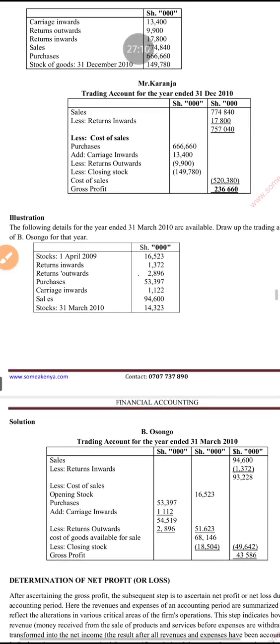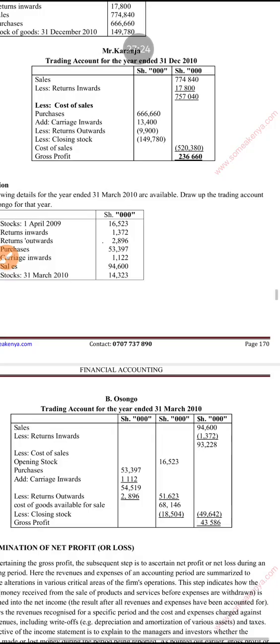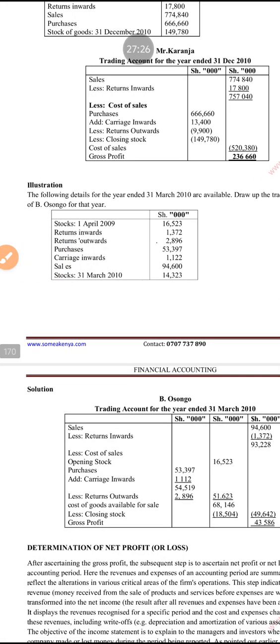So we still have another illustration. The following details for the year ended 1st March 2010 are available. Draw up the trading account of B. Osongo for that year. So the year is ending 1st March 2010, and it started on 1st April 2009.